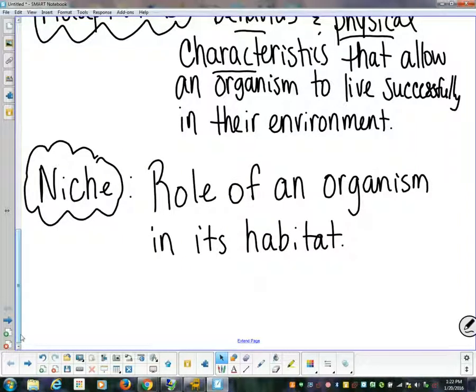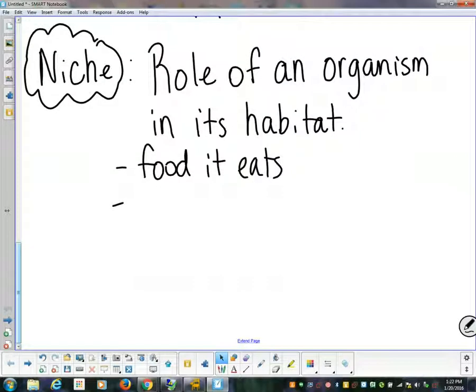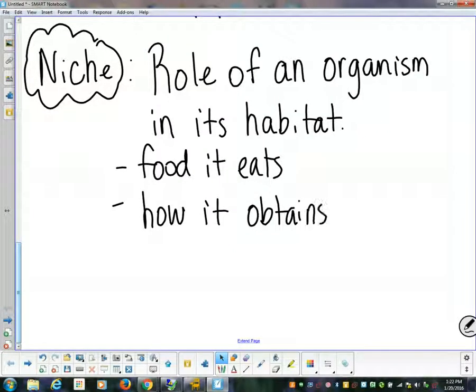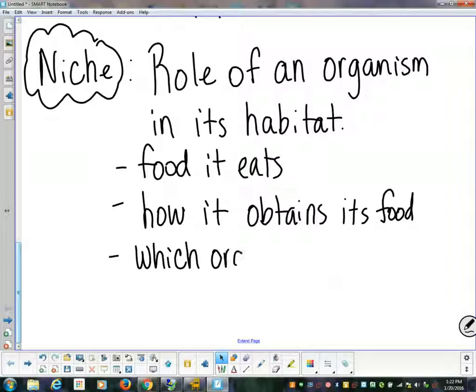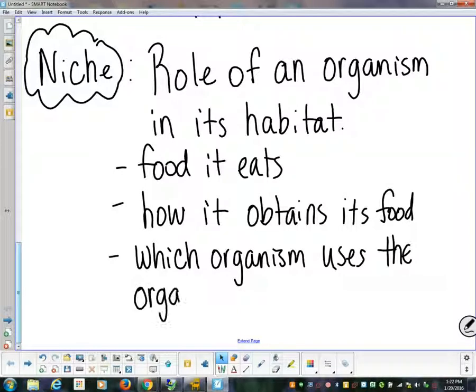Okay, so it could be things like the food that it eats, or it could be how it obtains its food, or it could be which organism uses the organism for food.